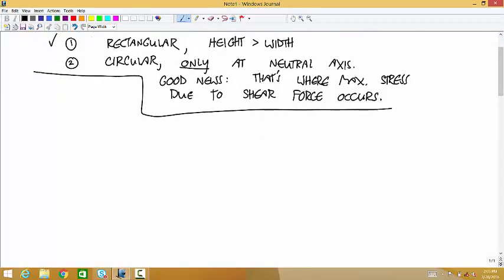So here's what we need to talk about. The calculation is still the same. The XY shear stress is still equal to negative VQ over IB.